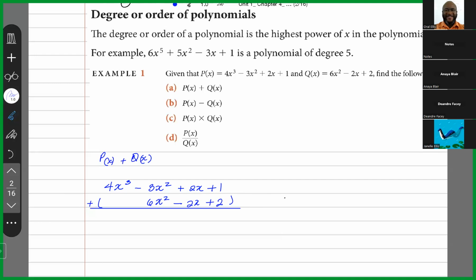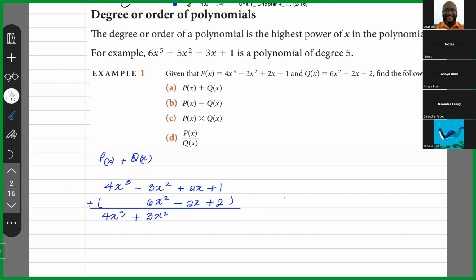So let's add it. Everybody should remember that in algebra, you add and subtract like terms. There is no other term in x cubed, so you just write back the 4x cubed. We have minus 3x squared plus 6x squared, so that would be plus 3x squared.